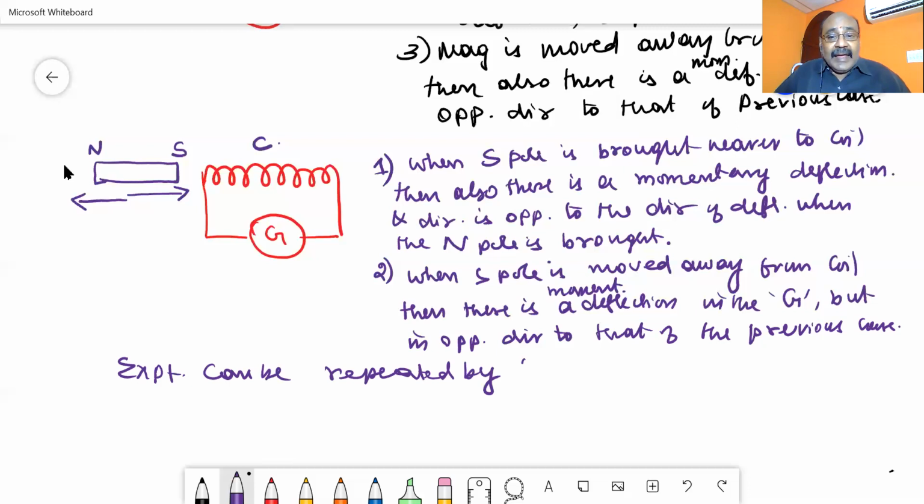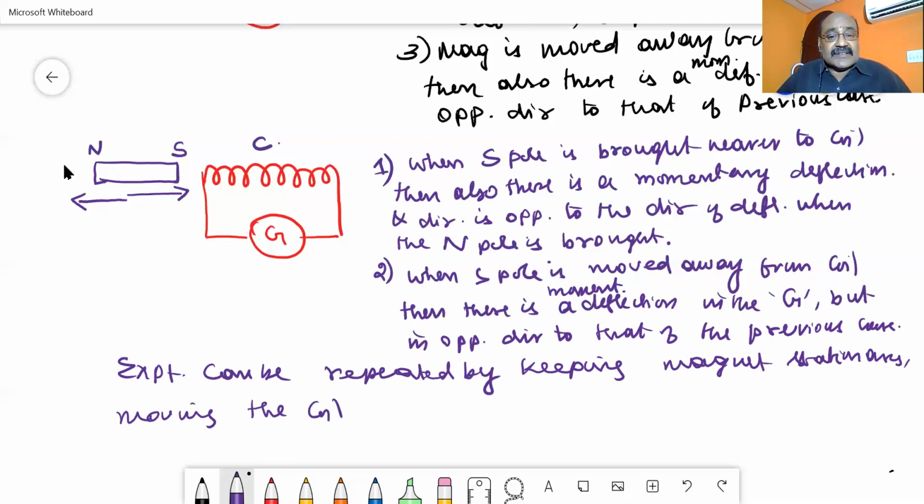By keeping the magnet stationary and moving the coil towards or away, then also there is a momentary deflection.